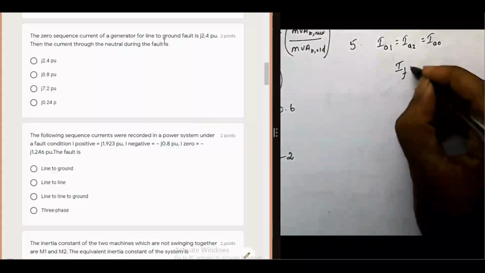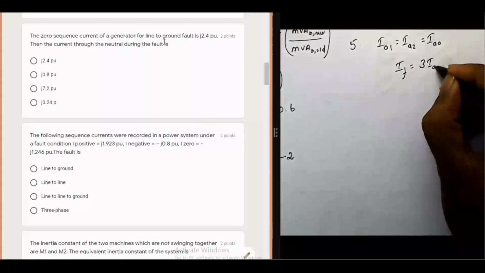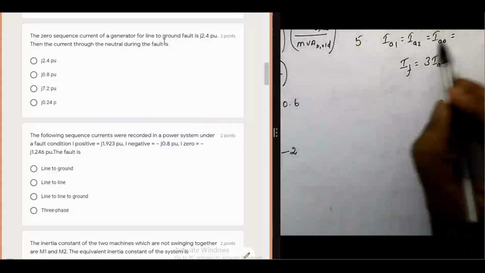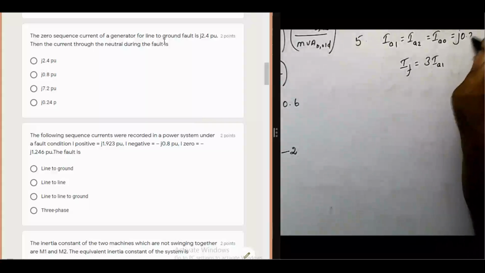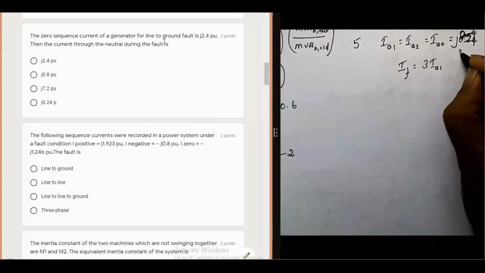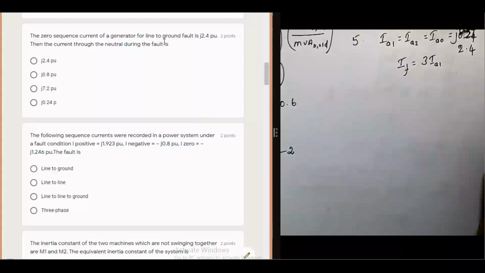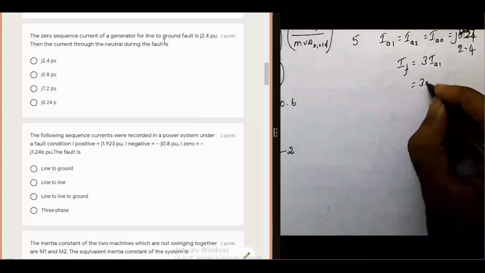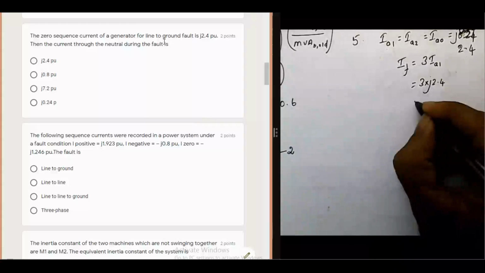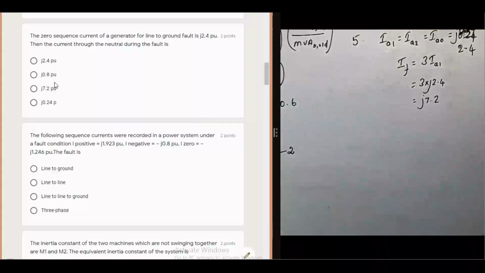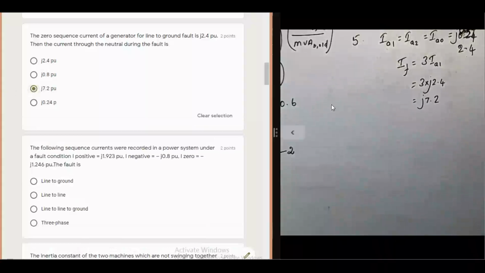Then the fault current is 3 into IA1. The zero sequence current is given as j2.4, so multiply 3 into j2.4, which is j7.2. Option C is the correct answer.